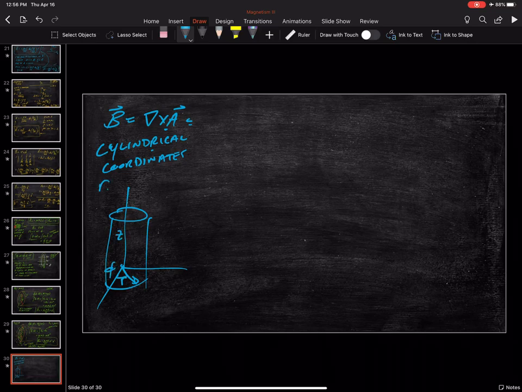Okay, so r, phi, and z for your coordinate system. And so your A here is expressed as some A_r r hat plus A_phi phi hat plus A_z k hat, or z hat, whatever you want to call it. Okay? For us, we only have this phi component because we know it's spinning around.